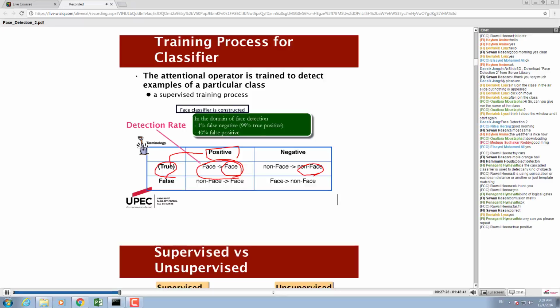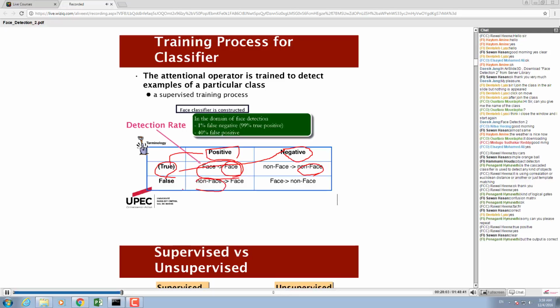In this case, we call it true negative. Is it clear? So the meaning of true negative is that the classifier is saying a negative answer, and it is correct. It is true.